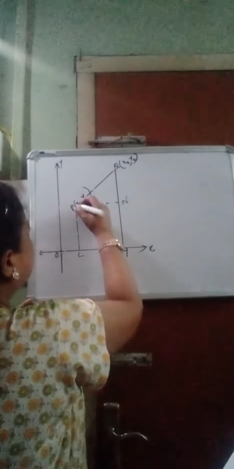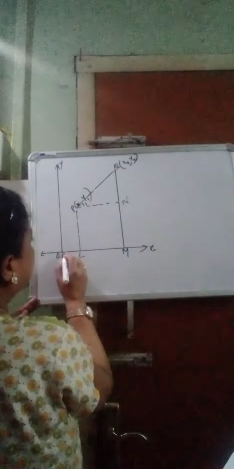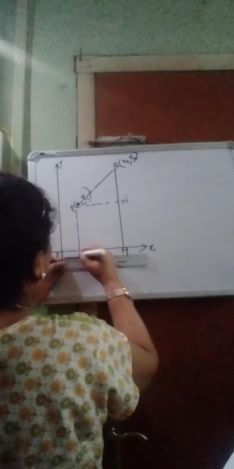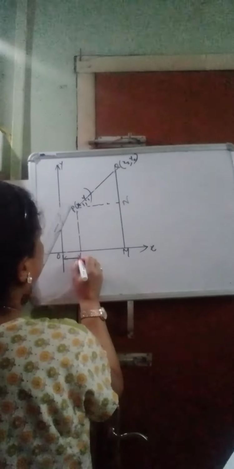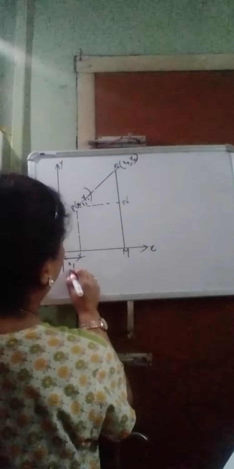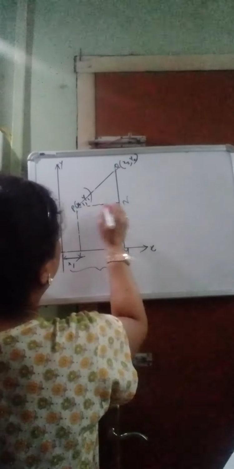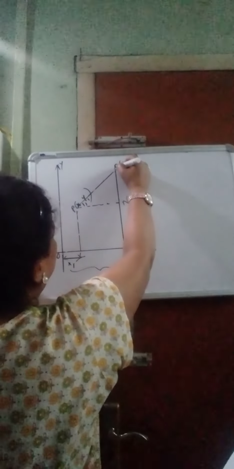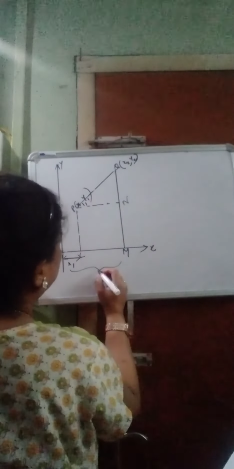So obviously this distance OL will be the x1 measurement, and the measurement of OM, because Q is perpendicular, is x2.